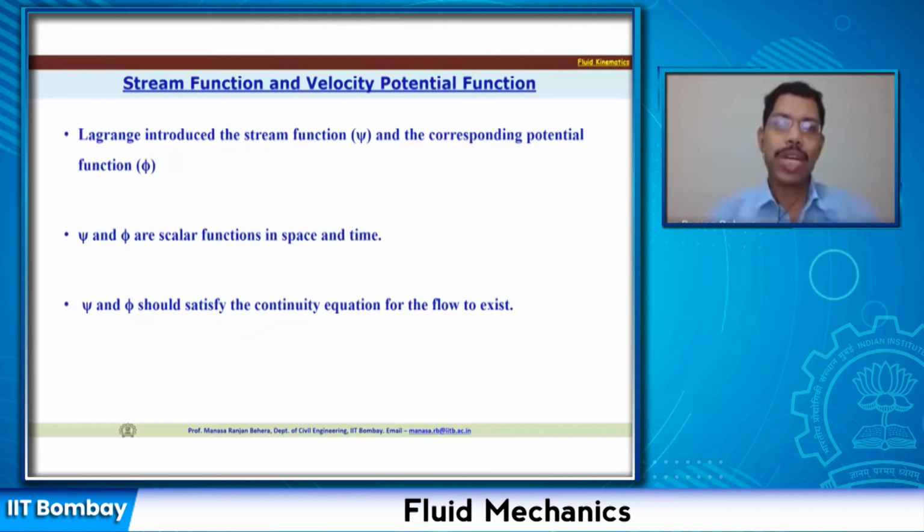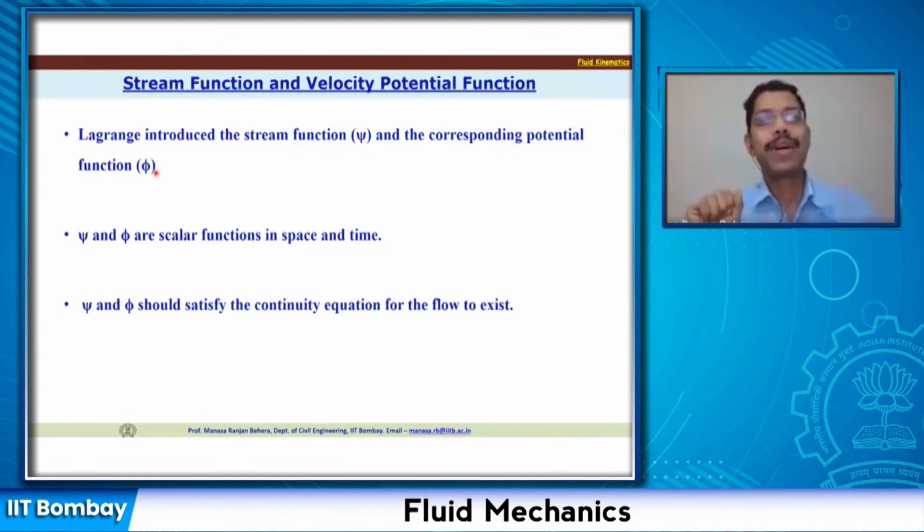And what are the standard notations? The stream function is denoted with the notation psi, and the velocity potential function or the potential function is denoted with the notation phi. So these are standard notations. Usually it is followed. So you should also always prefer to use standard notations.